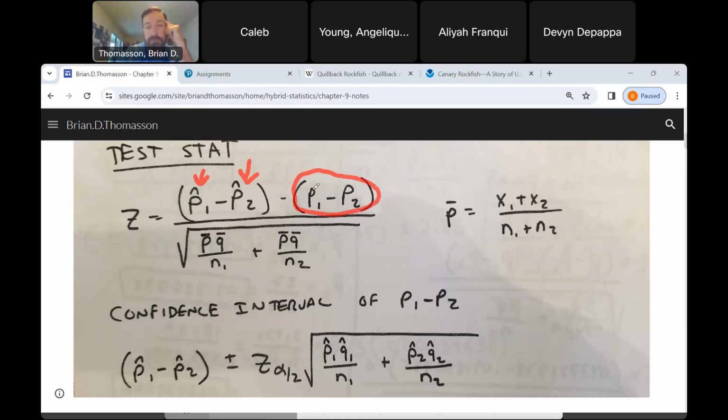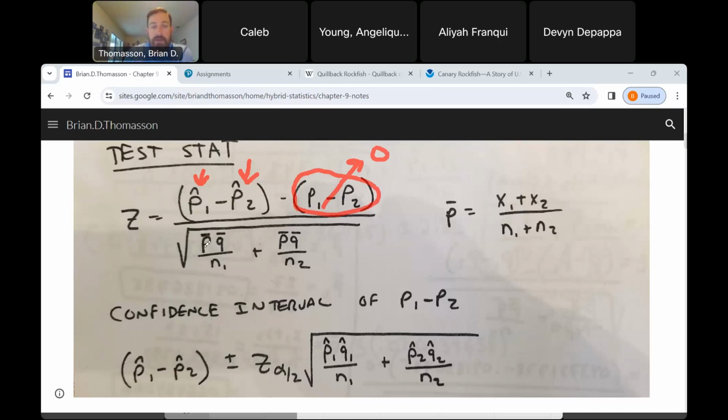In all our examples, we're going to assume that p1 equals p2, so the difference is going to be 0. In this example, that means the proportion of males and the proportion of females that pass the class would be no different, which is what I would expect. So we're always going to have that go to 0.